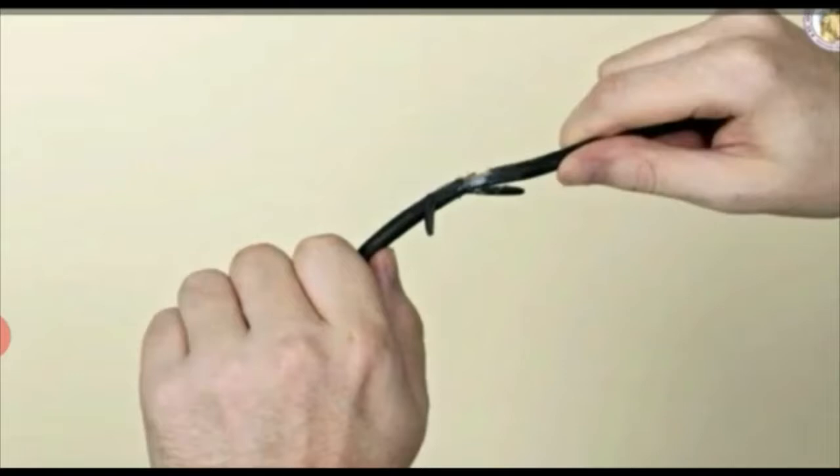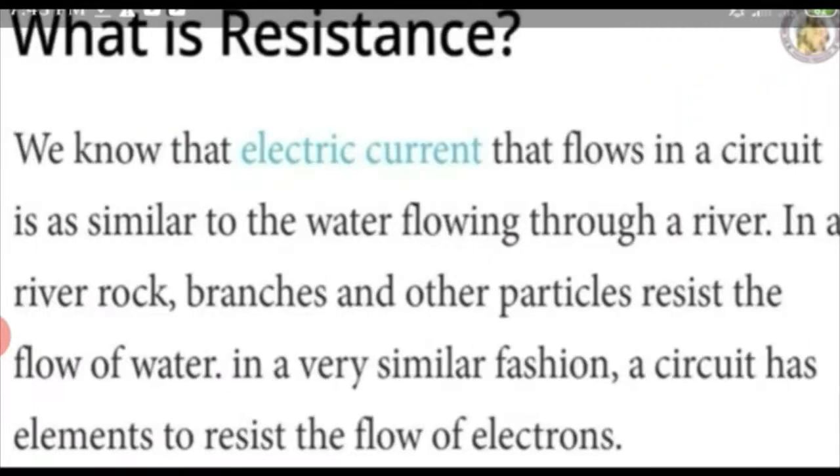Before that, you should know what resistance is. Electric current flows in a circuit similar to the flow of water through a river. In a river, branches and other particles resist the flow of water.